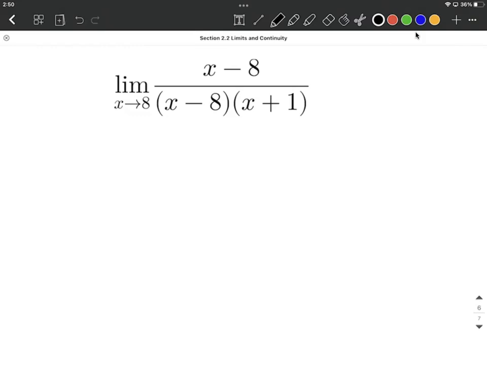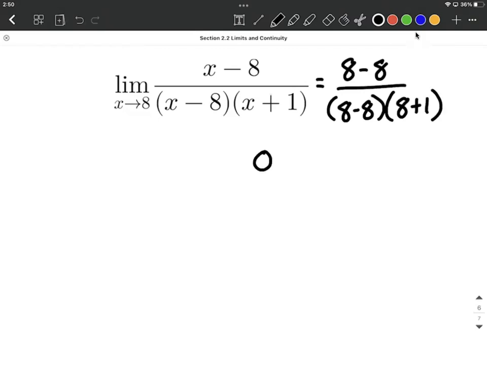Let's first start by simply plugging in 8 for each one of the x's. This will work out to be 0 over 0 times 9. Well, 0 over 0, we can't really say whether we have a limit or not in this case.